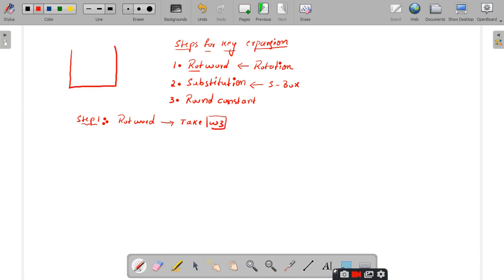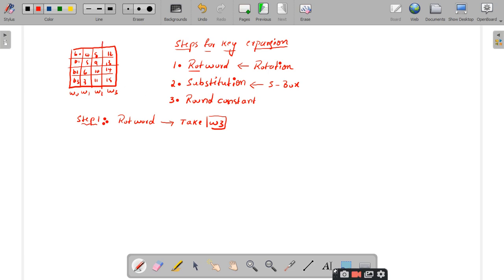Let us draw the diagram here so that it will be clear for you. So this is W0, this is W1, W2 and W3, and this is B0, B1, B2, B3, 4, 5, 6, 7, 8, 9, 10, 11, 12.